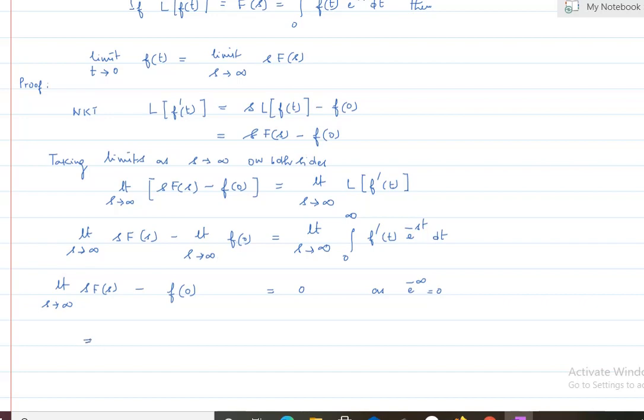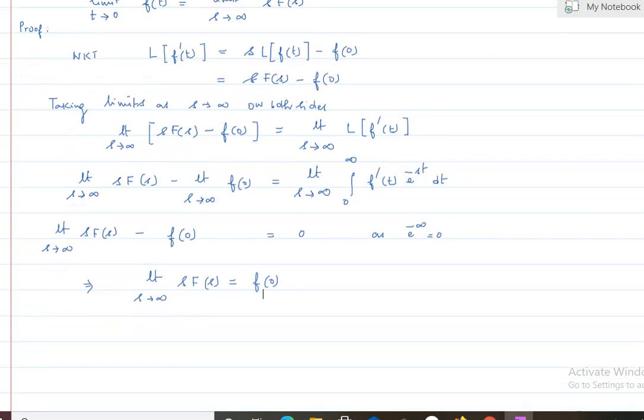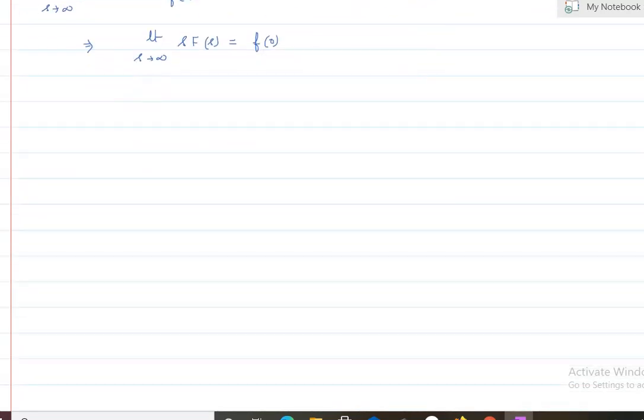So 0. This f of 0 can be written in other way as limit t tends to 0 f of t. When t tends to 0, f of t is nothing but f of 0. Therefore f of 0 is written in this way.